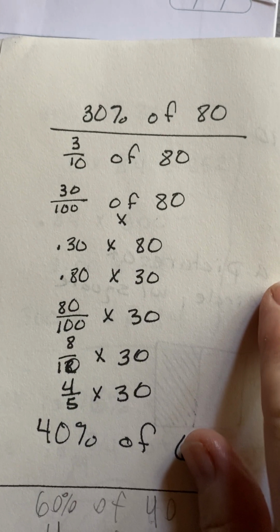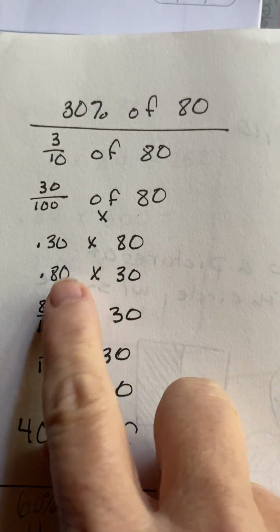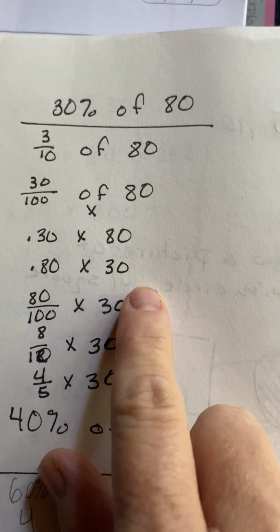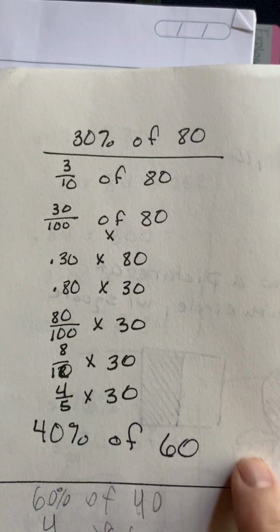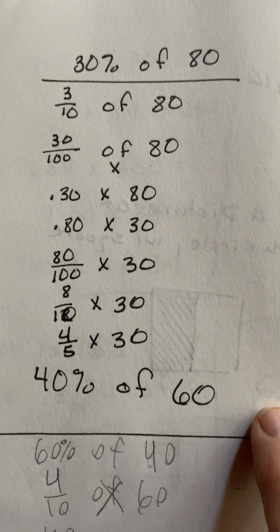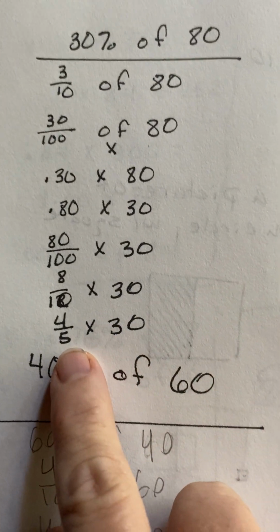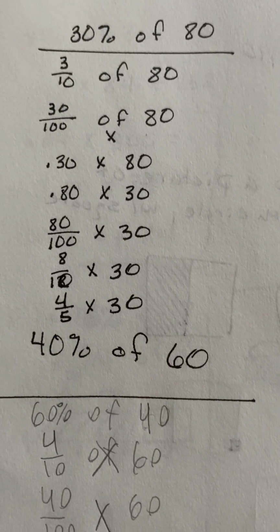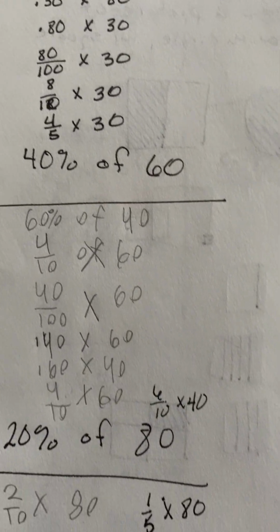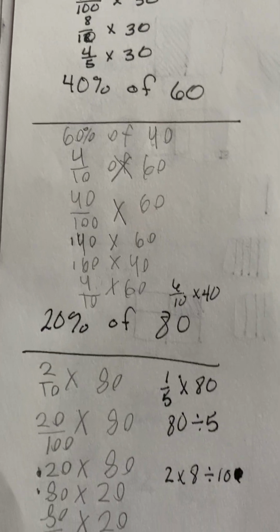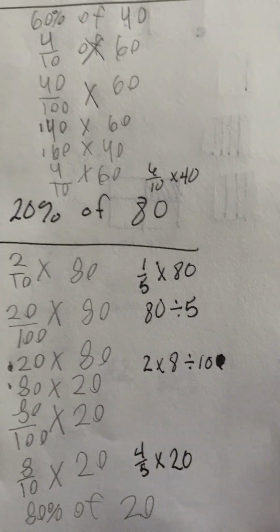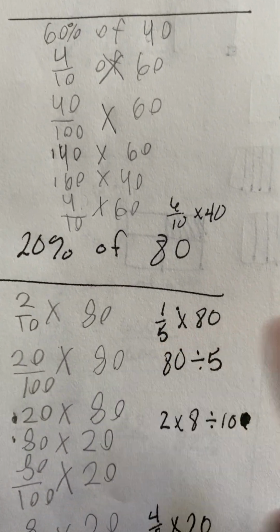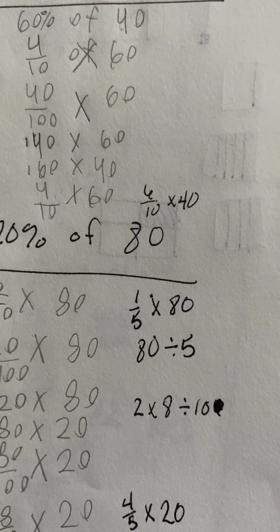So in addition to 0.3 times 80, we can also multiply 0.8 times 30, or 80 over 100 times 30, 8/10 of 30, 4/5 of 30, and so forth. So we have practiced doing this for some of them where we know they are fractional equivalents.